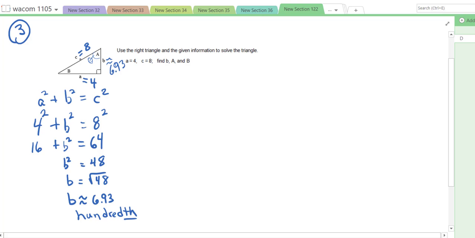So opposite over hypotenuse, that is sine. So sine of A is opposite over hypotenuse, which is 4 over 8, which is 1/2.